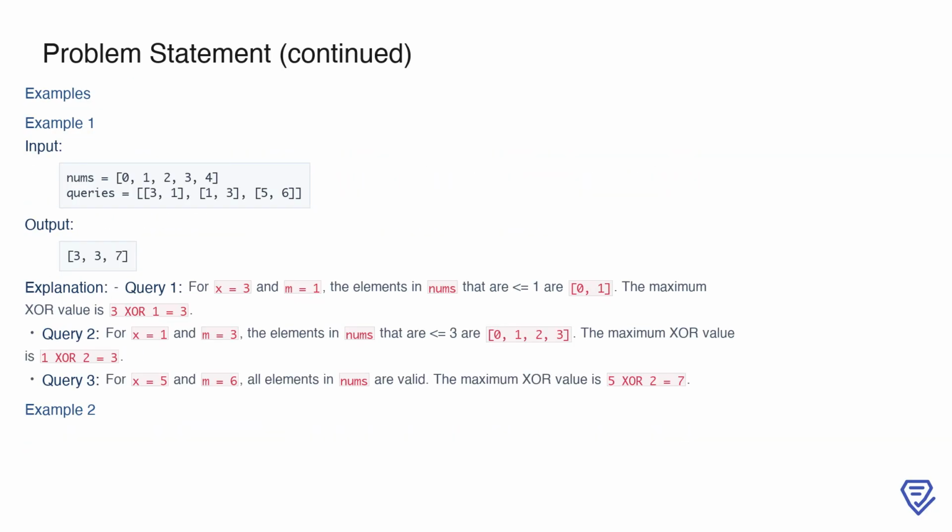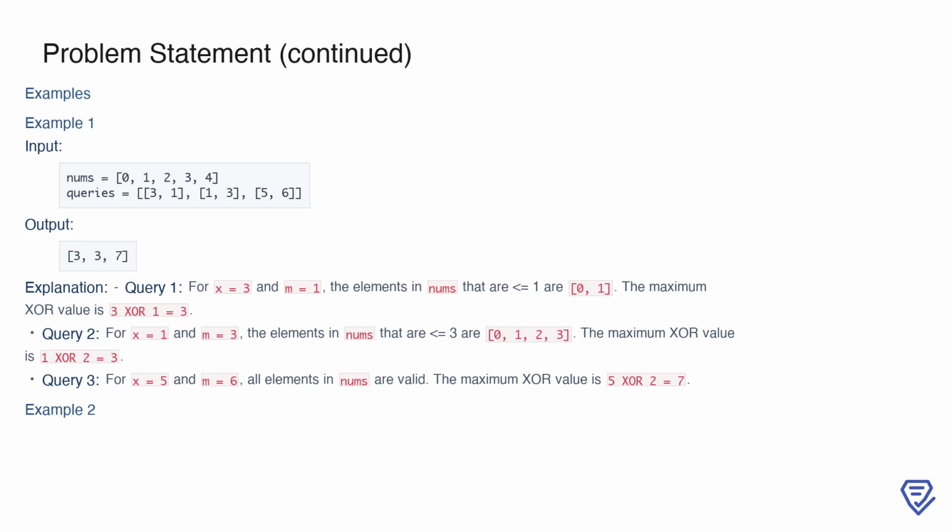Let's look at an example to better understand the problem. Suppose nums is 0, 1, 2, 3, 4, and queries is [3, 1], [1, 3], [5, 6]. For the first query, we have x equals 3 and m equals 1. Here, the valid numbers in nums are those less than or equal to 1, which are 0, 1. The maximum XOR value between x and these numbers is 3 XOR 1, which equals 3.